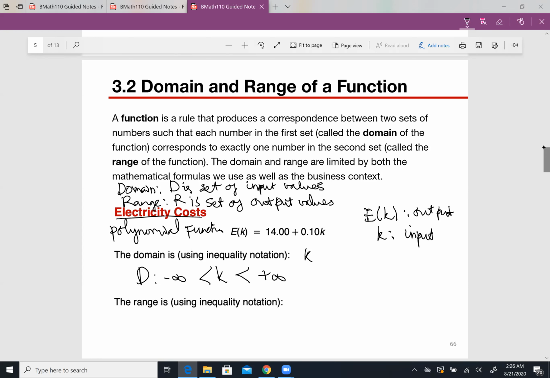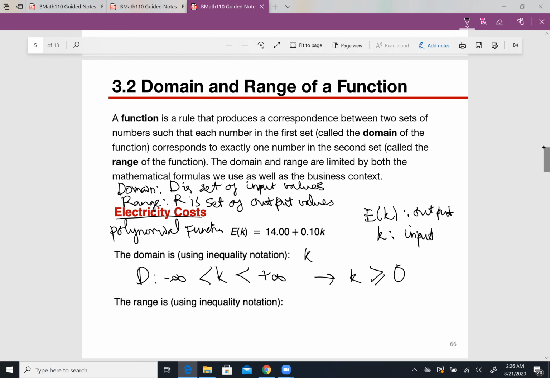I assume K is how many kilowatts you use, so no way you're going to have negative kilowatts being used. So at least it should be equal to 0 or greater than that, right? So I would change it to be K greater than or equal to 0, because it is a real life function.